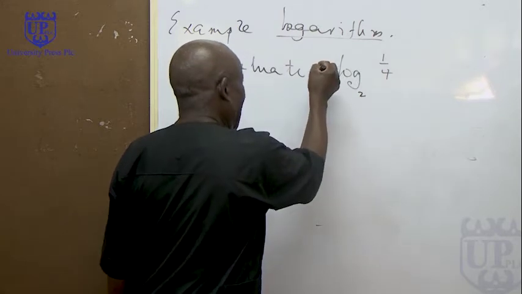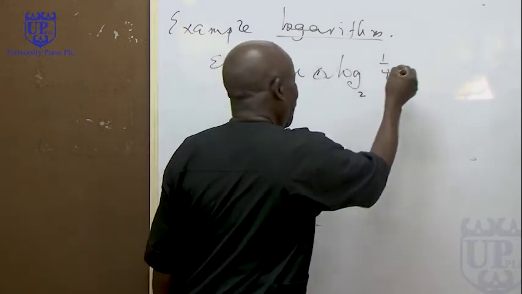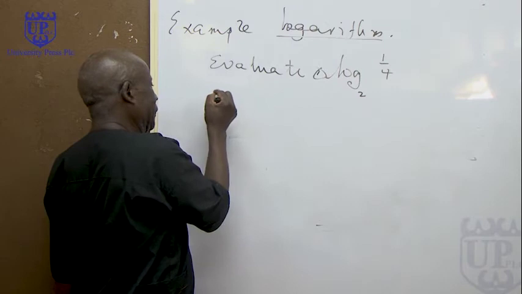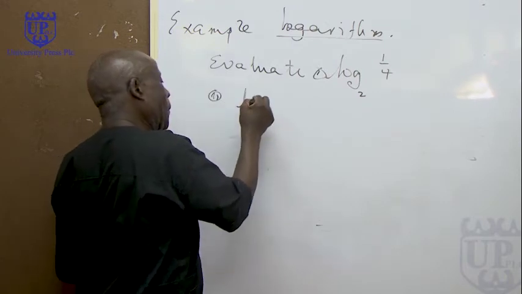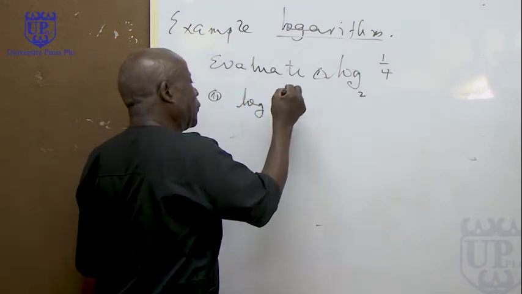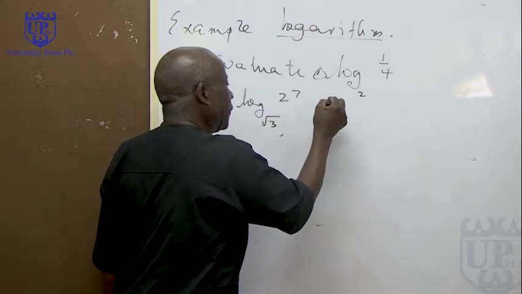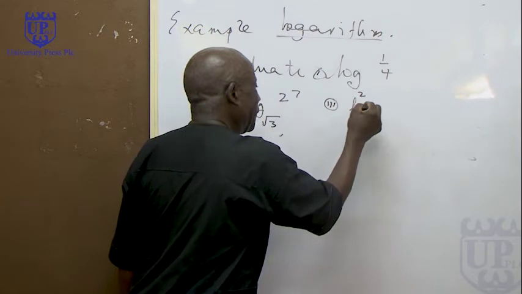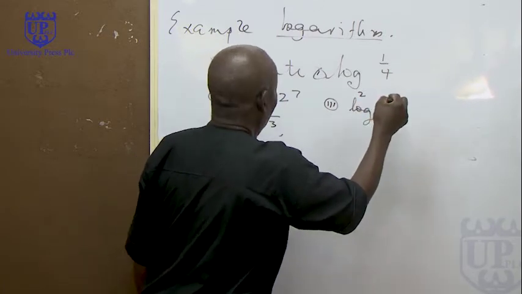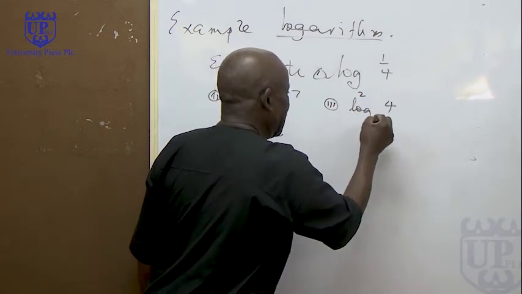That one is another one. Logarithm of 27 to base the square root of 3. Or logarithm of 4 to base 8.